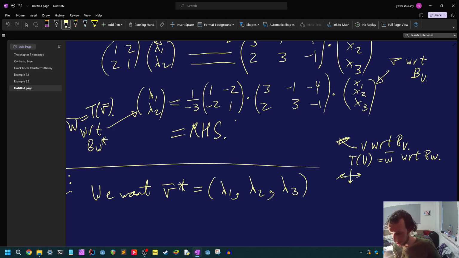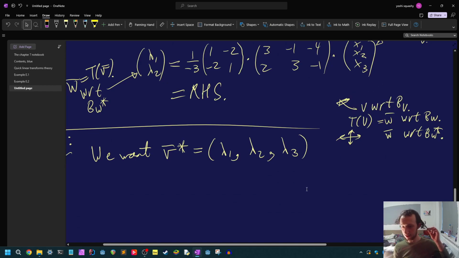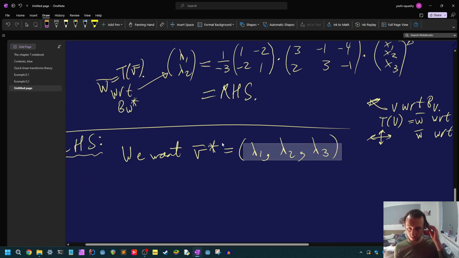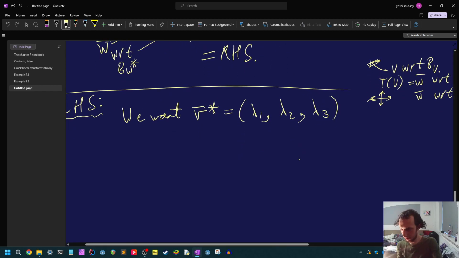This is a terrible symbol, but we use this symbol for change of bases, right? Change of bases to give w with respect to bw star. Right, that was our way of doing it. So we started with a regular w, but here we're going to start our journey with v star equals this. So we're starting with, and this is with respect to v star.